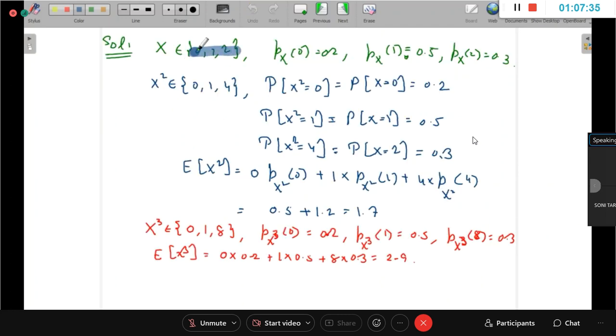So certainly you have x belongs to 0, 1, 2. Here this is all given. X square is 0, 1, 4. This is all discussed just now. So the expectation of x square can be evaluated.